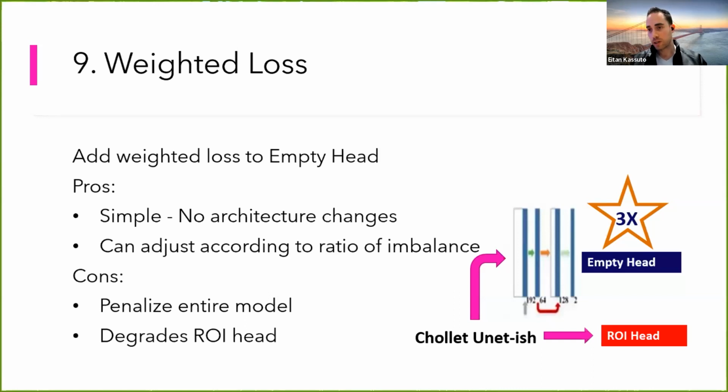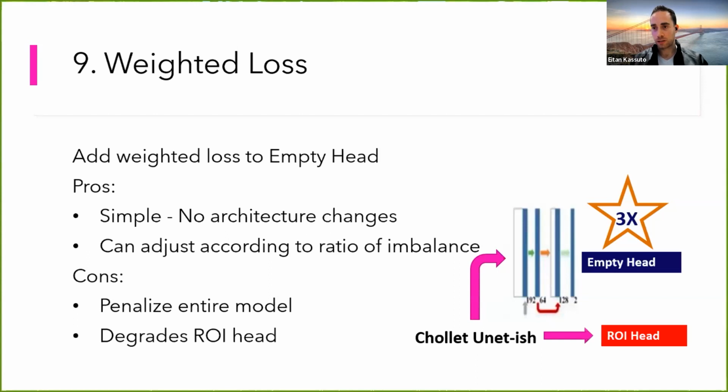For example, if we have 3 products for every empty, we have a multiplier of 3 on the empty head for our loss. However, we found that it didn't work. It penalized the entire model and in fact degraded the performance of the original ROI head, which was unacceptable.